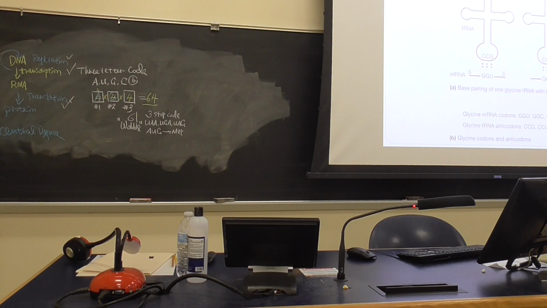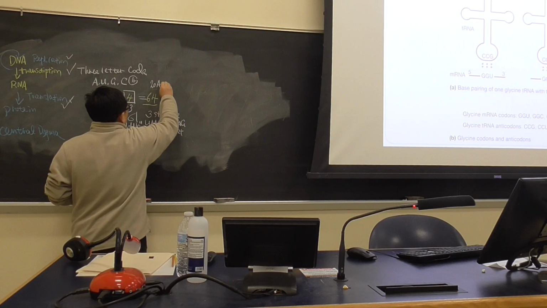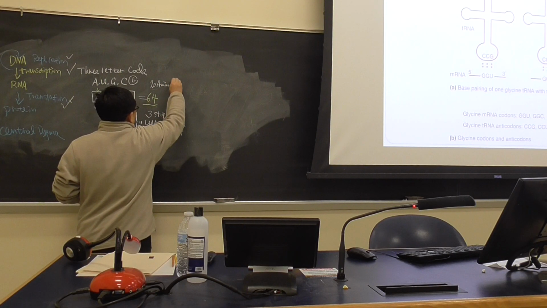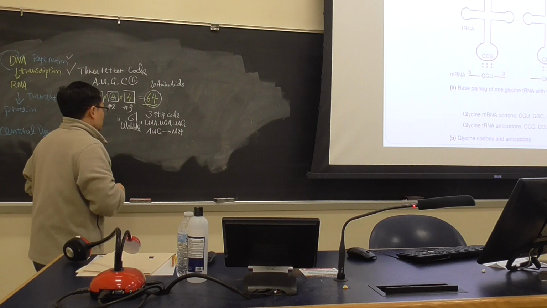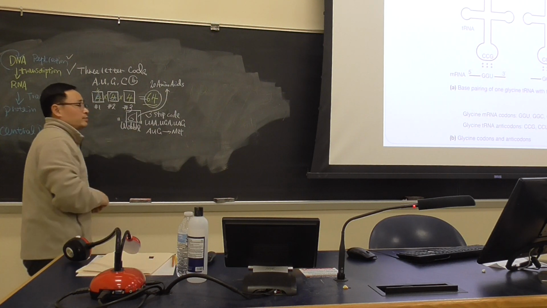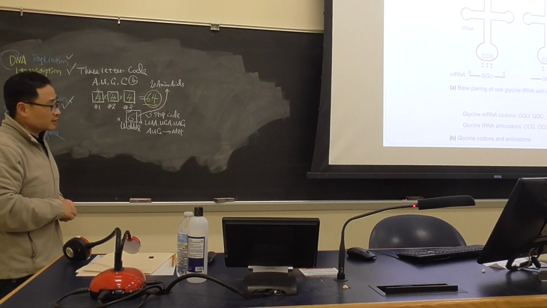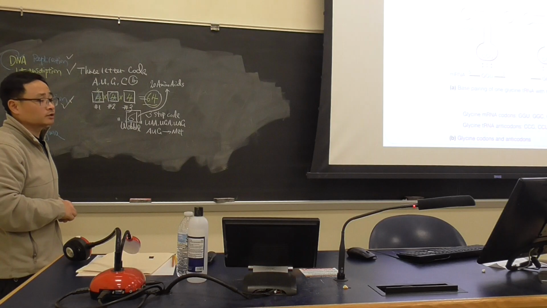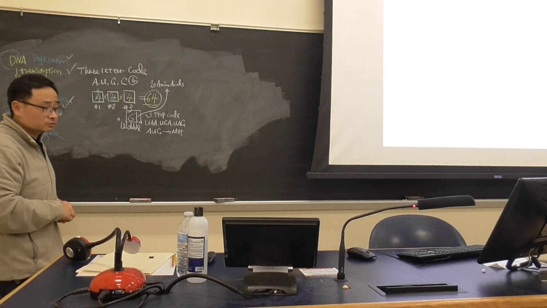Because of this wobble effect, we have 20 amino acids and 61 genetic codons. What happens is redundancy, which means one amino acid could be translated by more than one codon, could be 1 or 2 or 3.